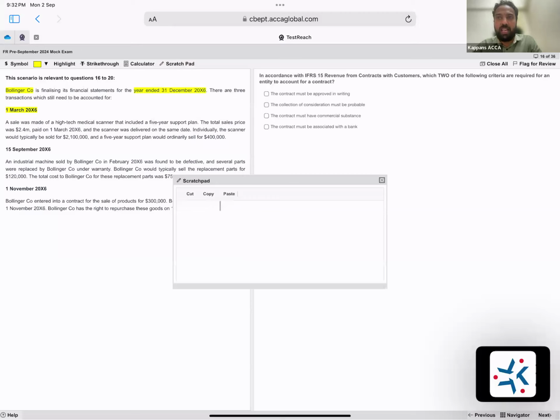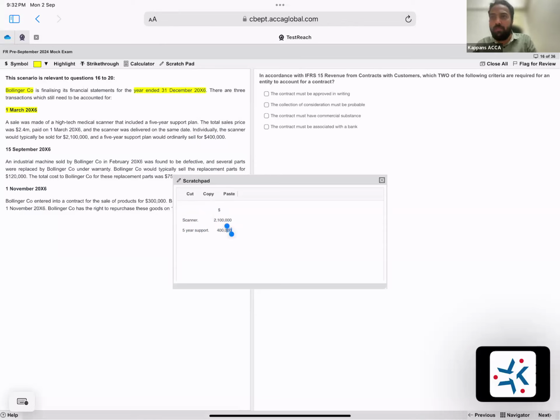So you have to understand that there is a combo offer, because a scanner will be typically sold for 2.1 million, and the 5-year support, which will be an income, is normally sold for 400,000.